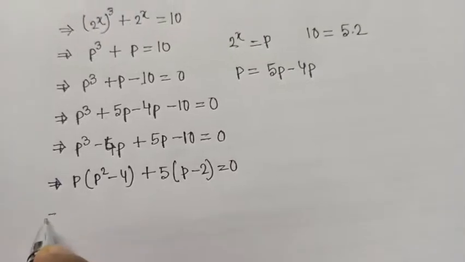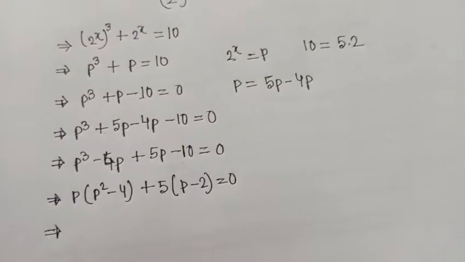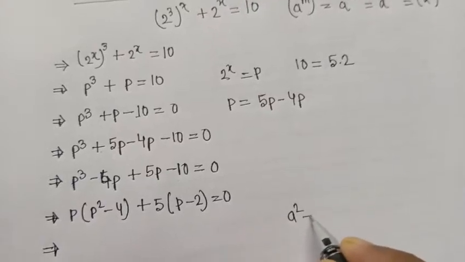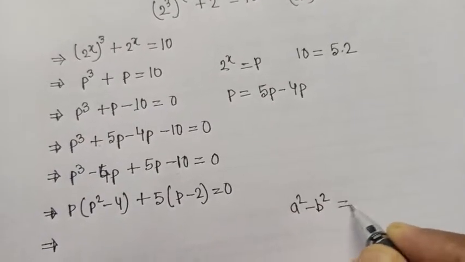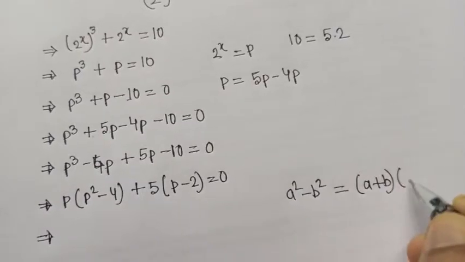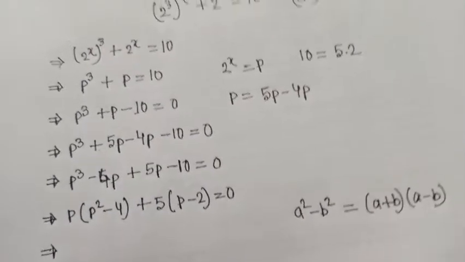So here we know the formula, like a square minus b square is equal to a plus b multiplied by a minus b.